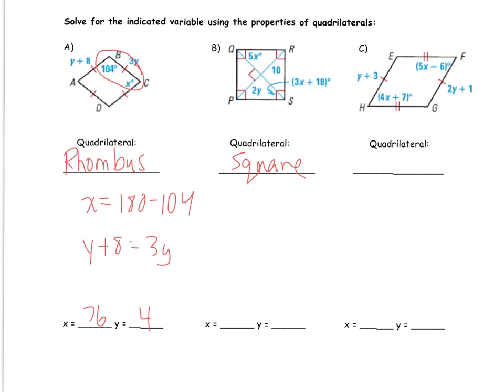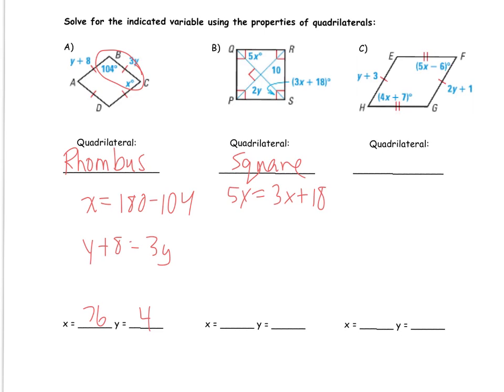All right, so then, since it's a square, we need a way to solve for x and a way to solve for y. Ideas. Paige, any ideas? Either one, x or y. Okay, she says 5x equals 3x plus 18, because alternate interior angles are congruent, thank you.